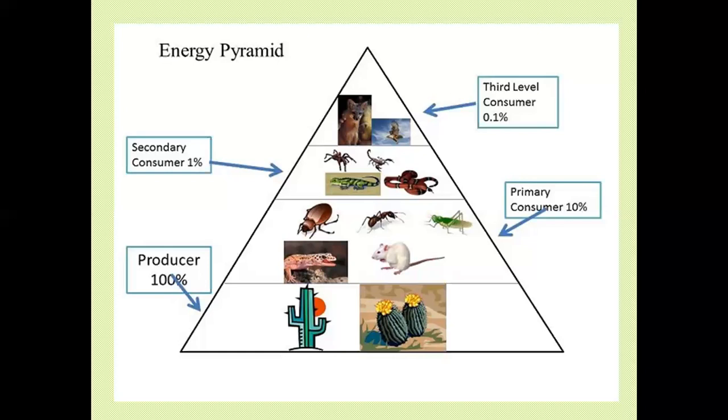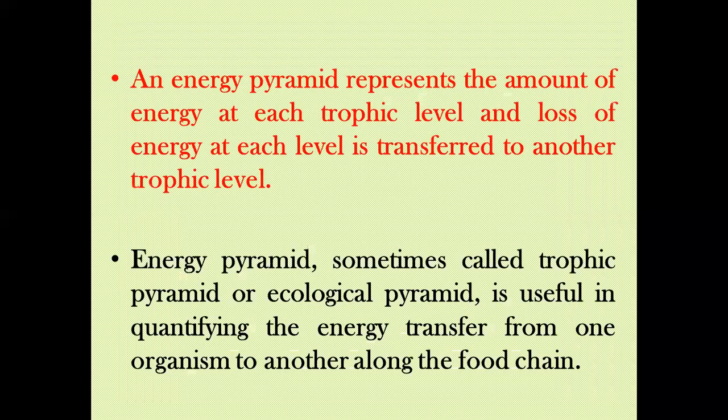You can see that the energy is maximum at the lowest level and becomes minimum at the topmost level. So energy pyramid represents how much amount of energy is used and how much is lost and how much is transferred at each trophic level.